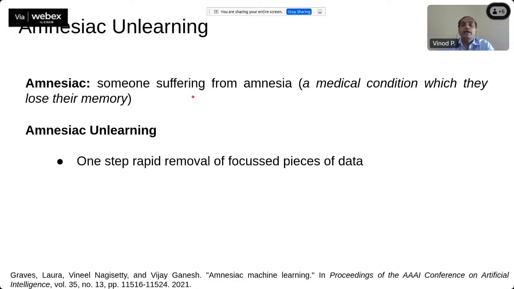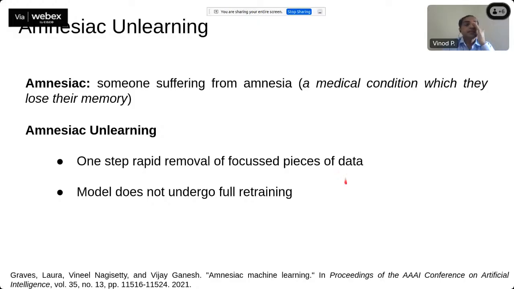Amnesiac unlearning is useful when we want to remove focused data points. It is effective only in those cases, but if we want to use this technique for unlearning a large amount of data, let's say a class, it will fail. This technique is specifically created for removing focused data points.